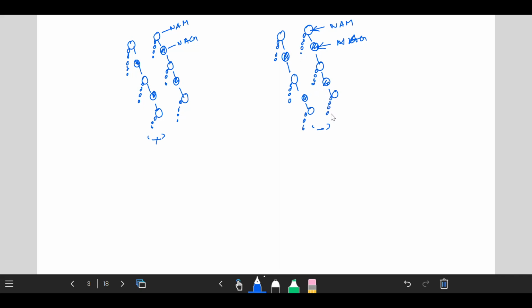Now is the difference. In gram-positive bacteria, these tetrapeptides are connected through a pentapeptide chain like this. But in gram-negative bacteria, they are directly attached to each other through the tetrapeptide. That is the difference. That is tetrapeptide.